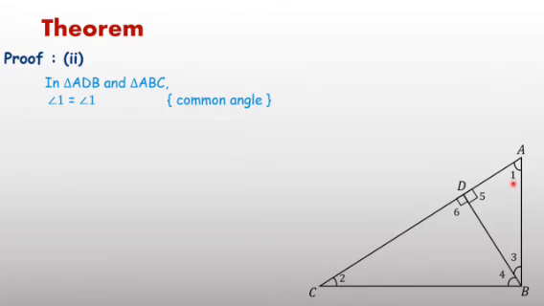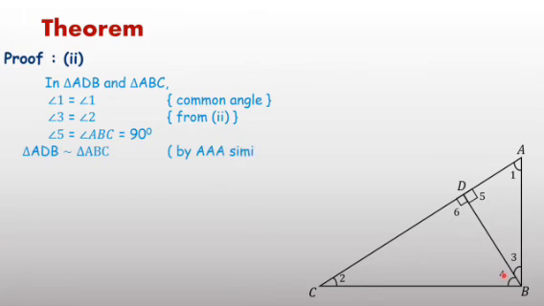Angle 1 is present in both triangles ADB and ABC. Second, angle 3 equal to angle 2 from equation second, already we have covered. And third, angle 5 of this smaller triangle equal to angle ABC, larger triangle, equal to 90 degrees. Therefore, again, both triangles are similar by AAA similarity.